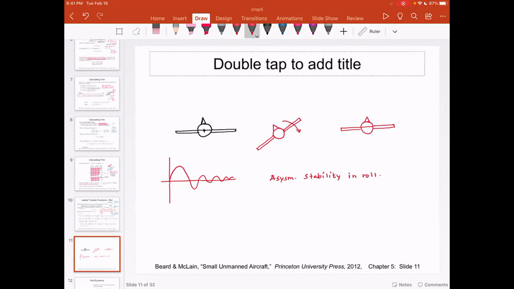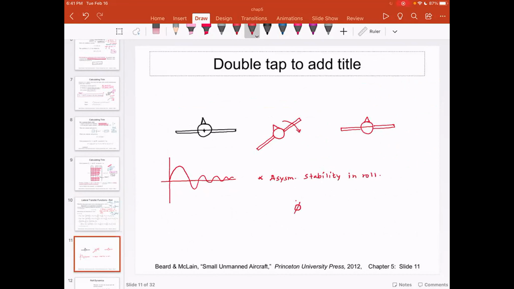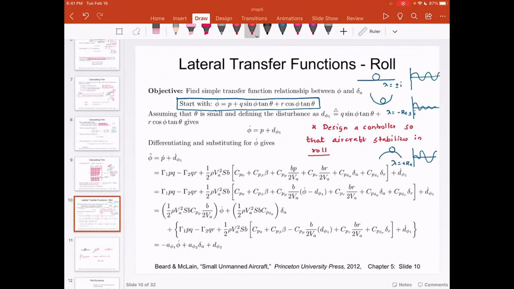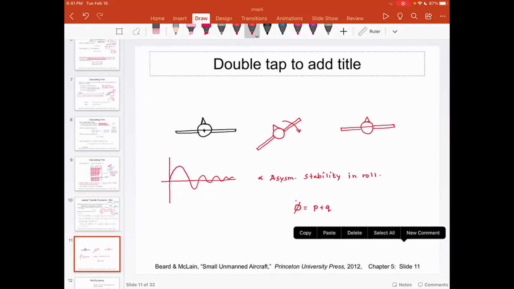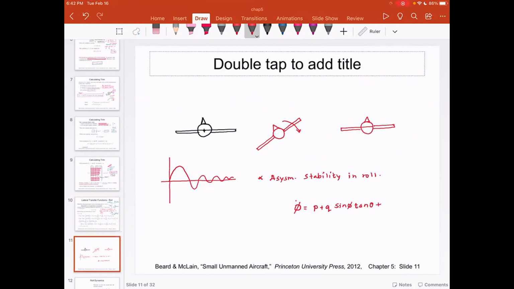So the idea is, and this is an important statement, the differential equation that we are looking at is something like phi dot is equal to P plus Q sine phi tan theta plus R cos phi tan theta.